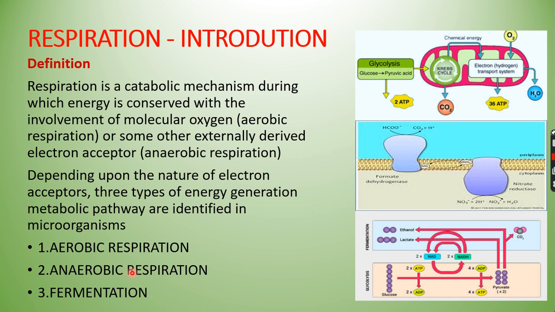What is aerobic respiration? When molecular oxygen serves as the terminal acceptor, the metabolic pathway is known as aerobic respiration. Here you can see glycolysis, where oxygen is required as an electron acceptor for this conversion and releasing the ATP.